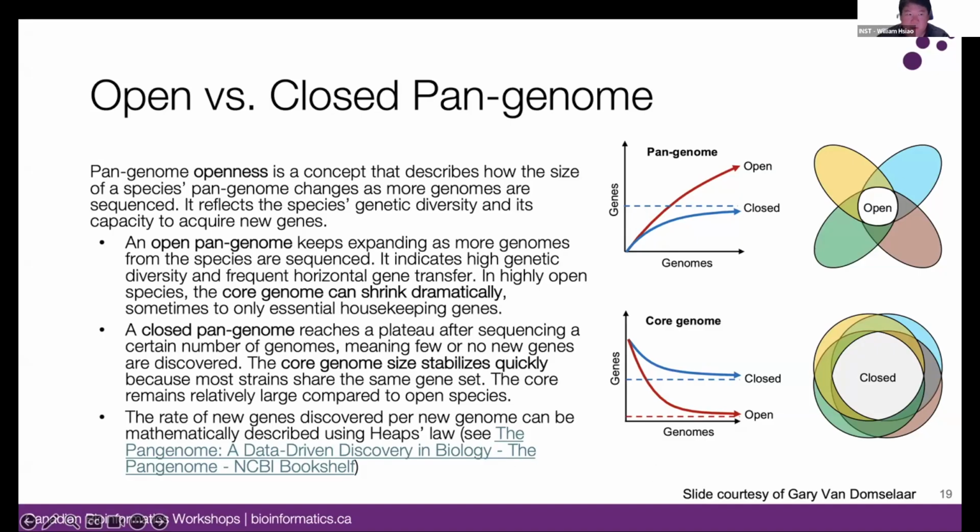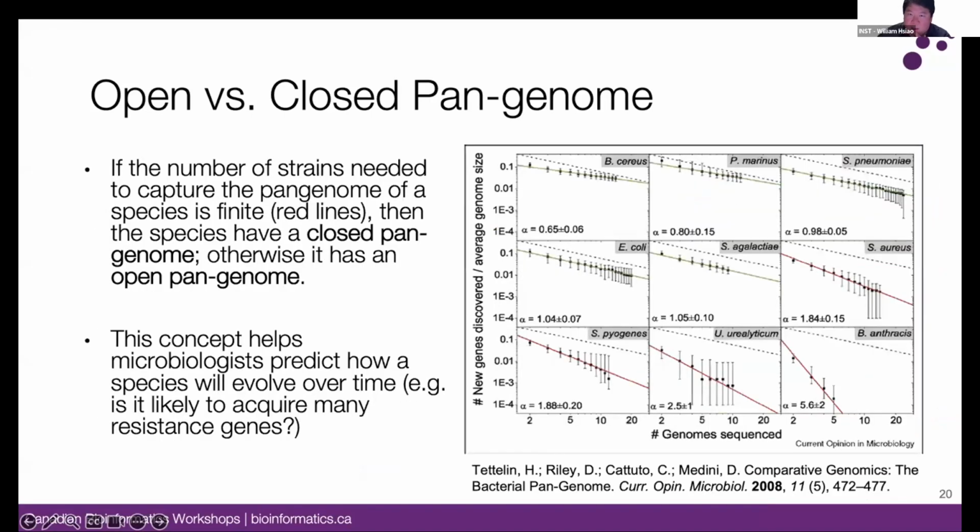But for the sake of time, I won't get into the detail of how they actually found a formula that best fit the extrapolated curve. Okay, so in other words, if the number of strains needed to capture the pangenome of a species is finite, then we consider that species to have a closed pangenome. Otherwise, it has an open pangenome, right? So it's shown in the figure on the right here.